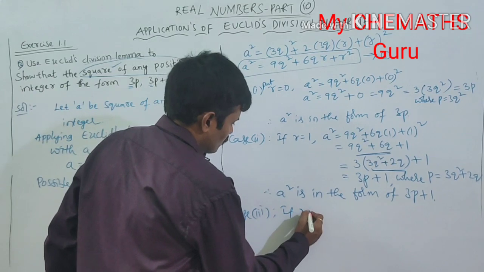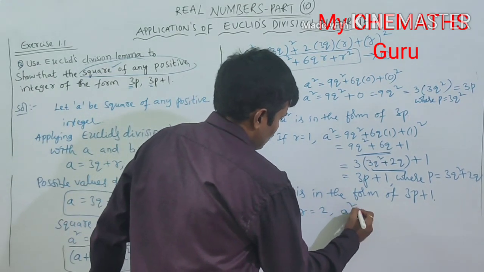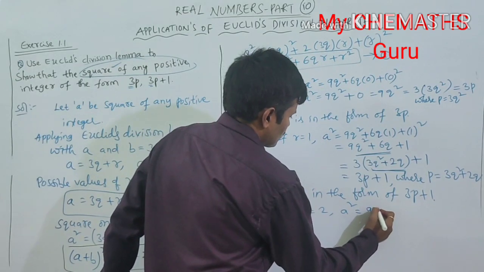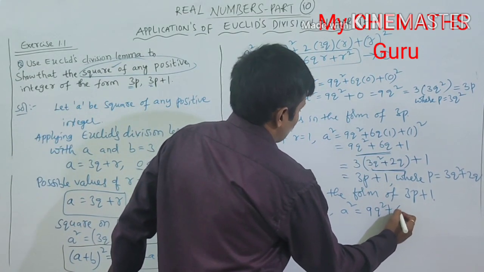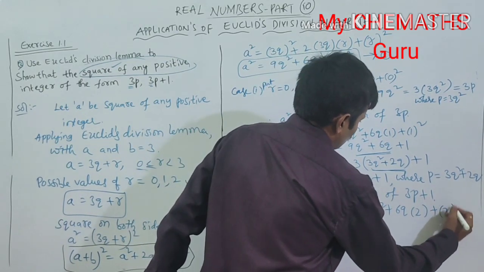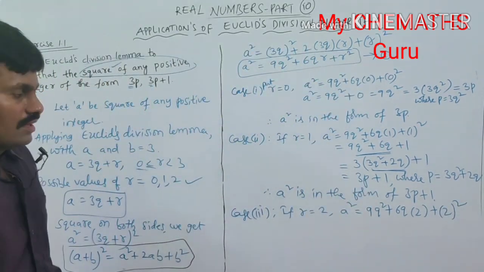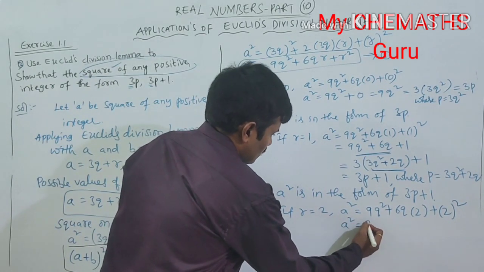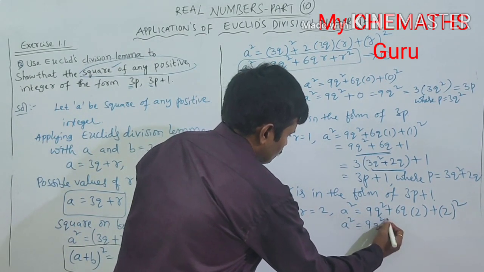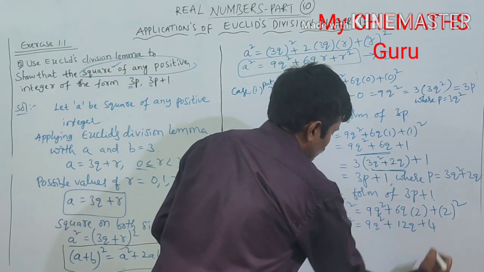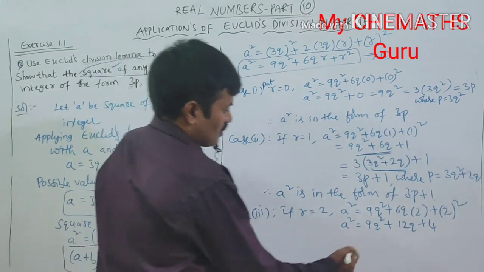If r = 2, substitute the r value in equation 1, and a² = 9q² + 6q into 2 + 2². Now simplify it: 9q² + 12q + 4, since 2² is 4.